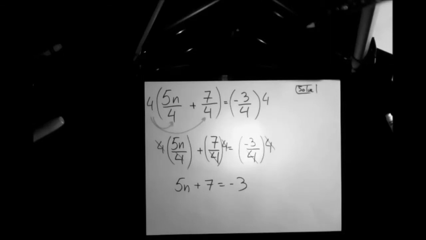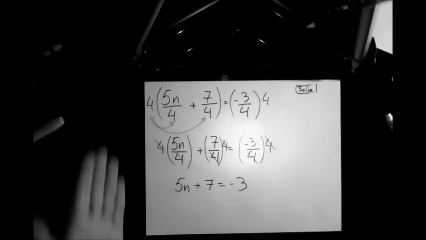So again, I had fractions. The fractions all had a denominator of 4. I was dividing by 4 in every single case. I got lucky, they all had the same denominator. So I can get rid of all of them in one swoop by doing the opposite. If I'm dividing by 4, what's the opposite of divide by 4? Multiply by 4.